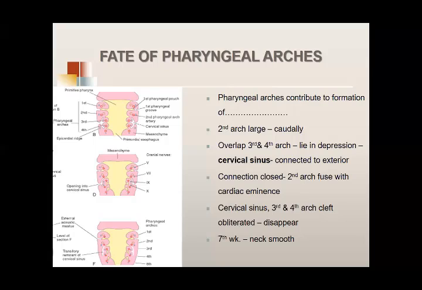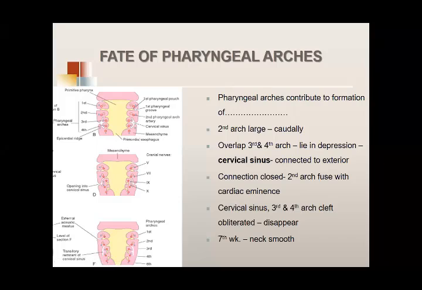They appear as solid rods on the side wall of the pharynx. ये मैंने आपको बताया है. Craniocaudal systematically appear करती हैं, the first one, then the second, third, fourth. तो फिर craniocaudal sequence में ये appear करती हैं.